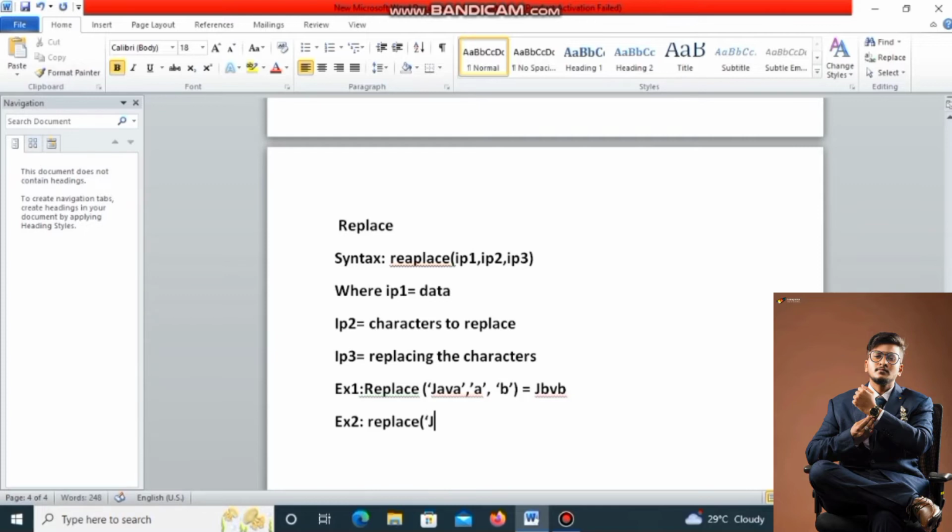Similarly the same input 1 is given, Java, comma, here I am giving input 2 which is not present in input 1. I am giving input 2 as X. X is not there in input 1, okay. Now I am giving input 3. Now what are you expecting the output to be?